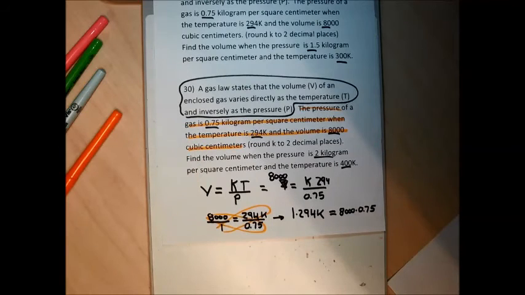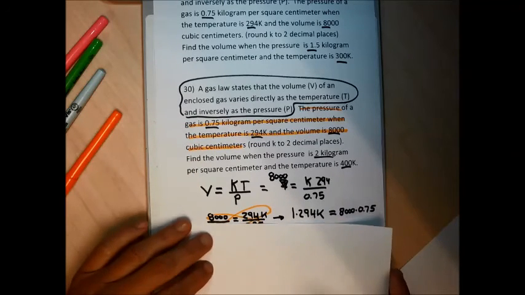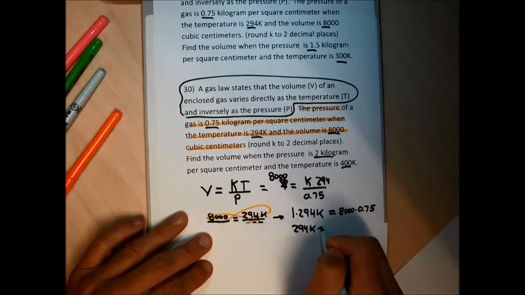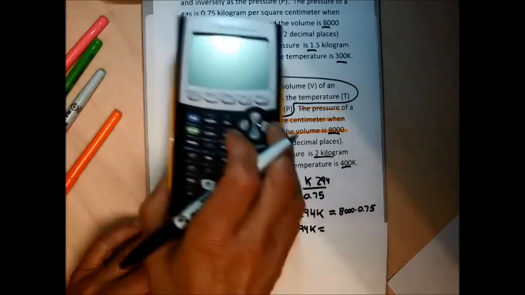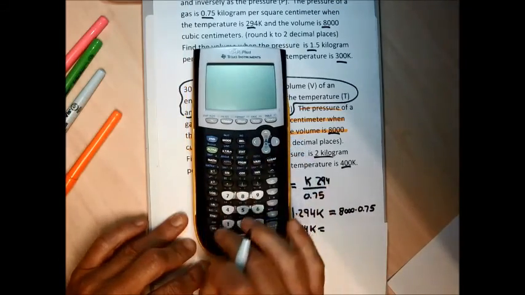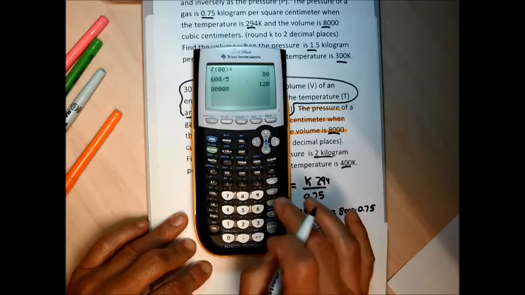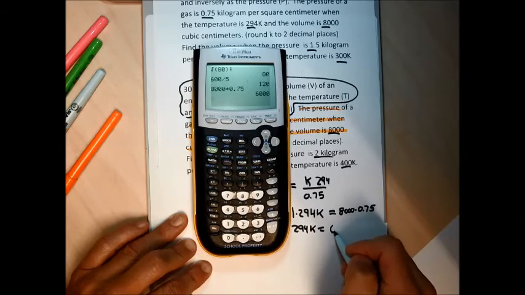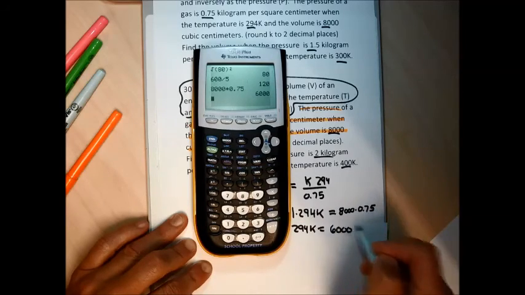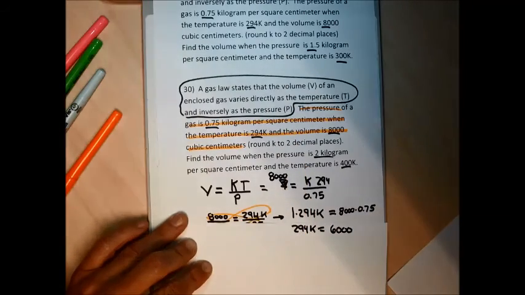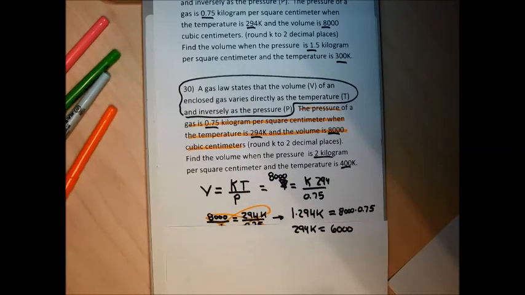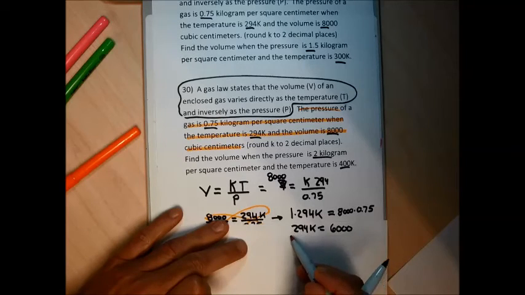So the left side is easy. 1 times 294K is just 294K. The right side's not so easy. What's it come out to, like 6,000? Do 8,000 times 0.75, and I get 6,000. Now I'm going to figure out what K is by dividing both sides by 294. My instructions say round K to 2 decimals, so I'll go ahead and round K to 2 decimals.